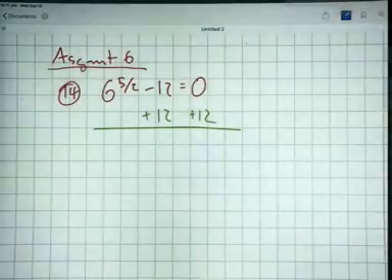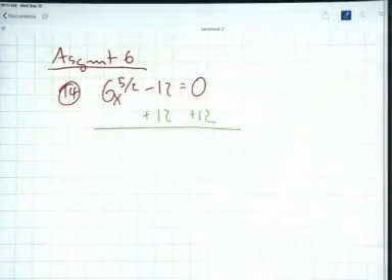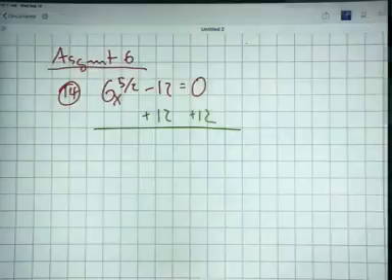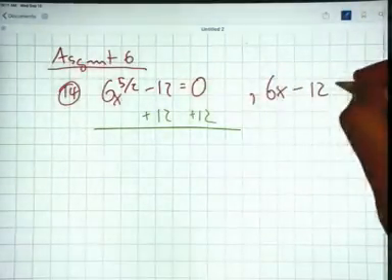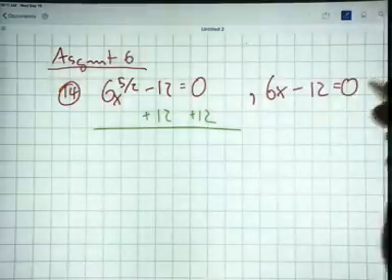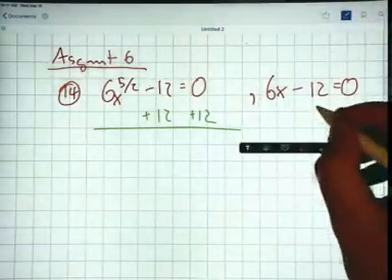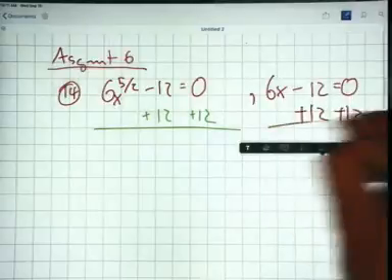Just like if you had 6x minus 12 equaled 0, the first thing that you would do is get rid of the 12 by adding 12 on both sides.